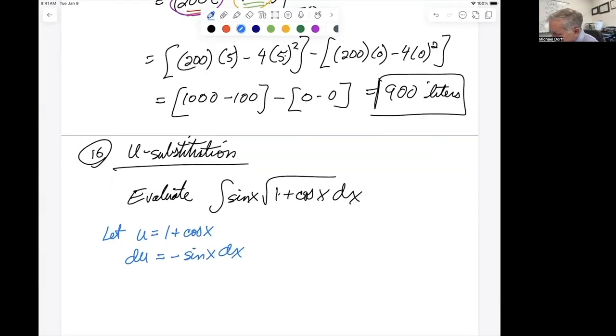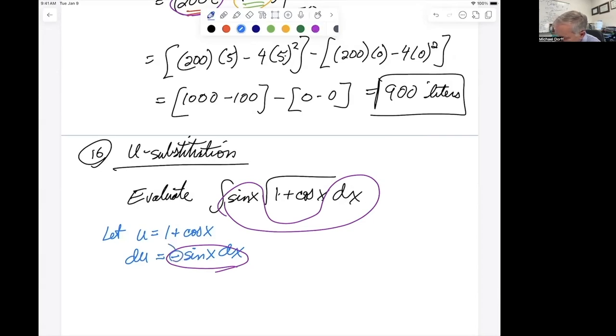And I look here, this part is similar to this part here. In fact, I want it to be exactly the same. So I'm going to take this negative and put it over here, so I get negative du equals sine x dx.